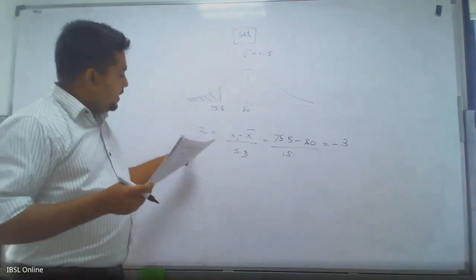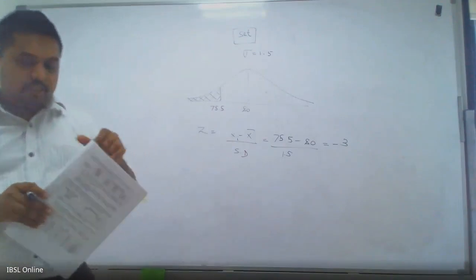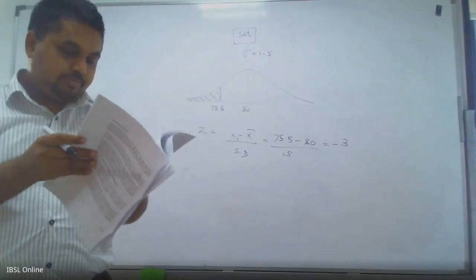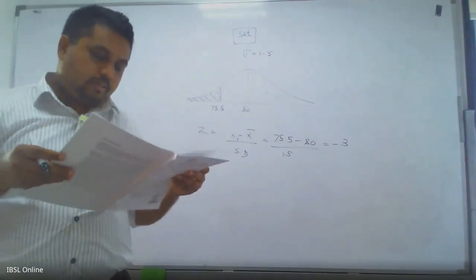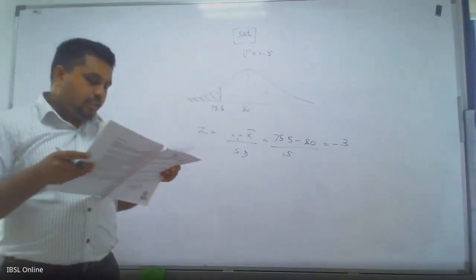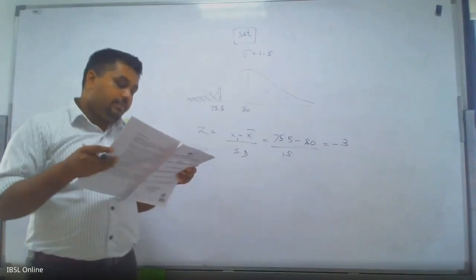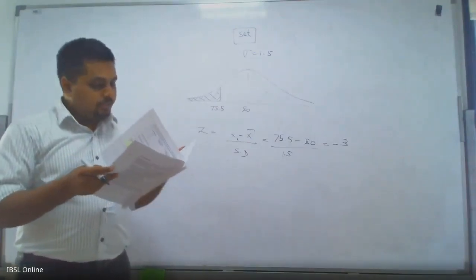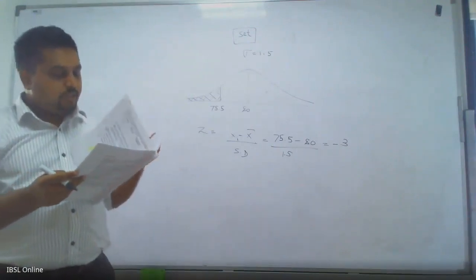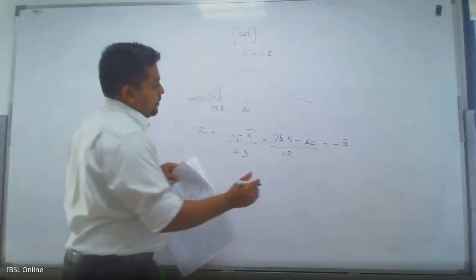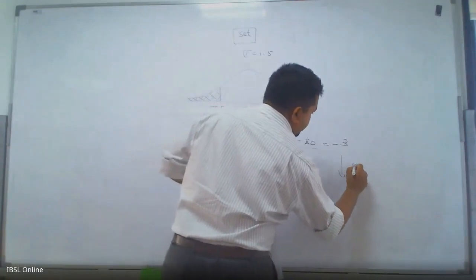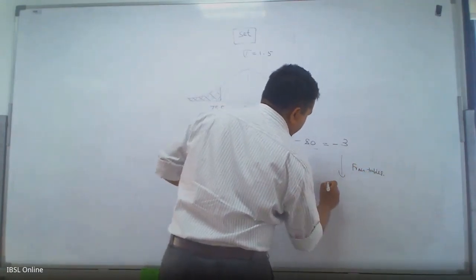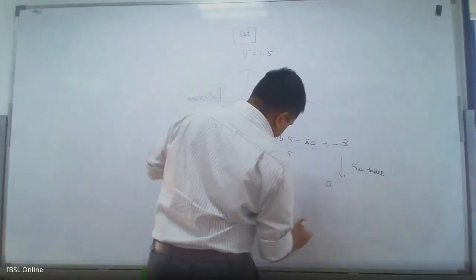So now what we have to do is use the Z tables given in the back side of your question paper and take the Z equals negative 3.0 value. That will be 0.00135 from tables.